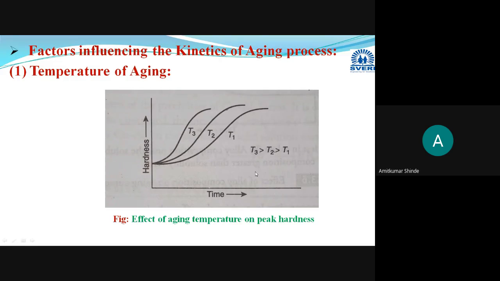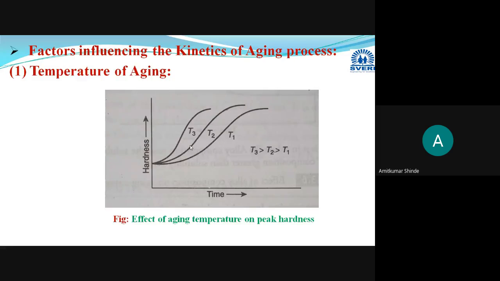In short, the peak hardness value and the time to reach it both decrease as temperature increases. Peak hardness is more for T1. As temperature increases, peak hardness drops, and along with that the time required to reach it also drops. This is the first point, the effect of temperature on aging.